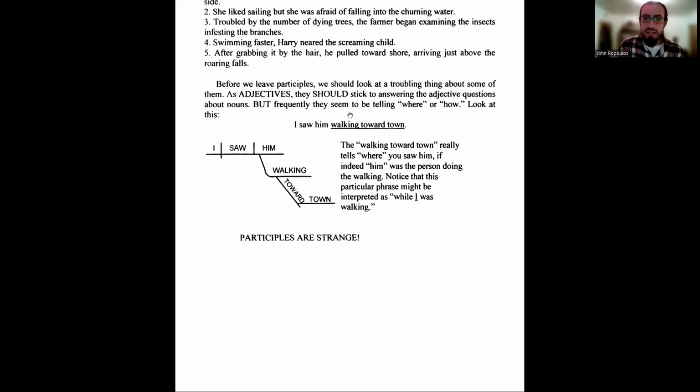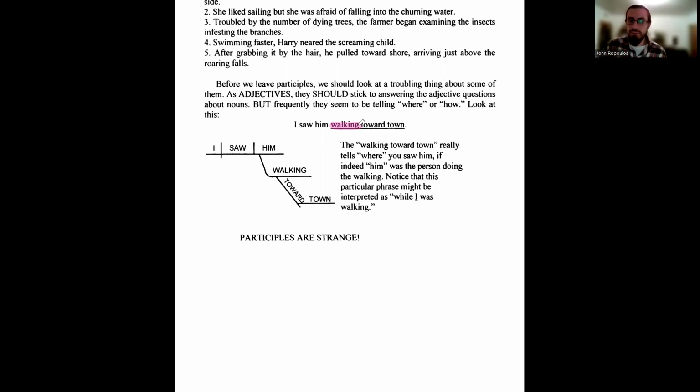Walking there is a participle, right? It's modifying him. Toward town is a prepositional phrase modifying walking. It's answering where you saw him, if indeed him was the person doing the walking.